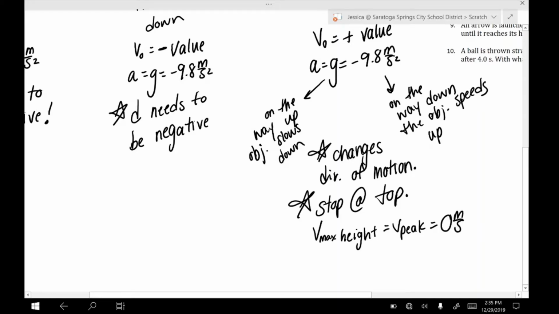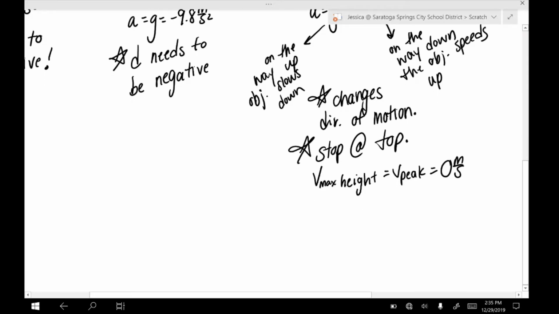The reason why that's super useful to us is because we can treat this VP, or velocity at the maximum height, as a V final in our equations to help us find things like the maximum height we might reach, the t, or the time it takes to get to the top, and things like that.